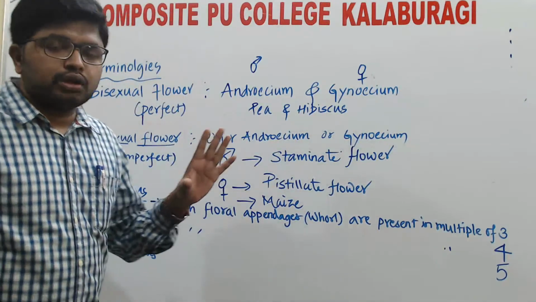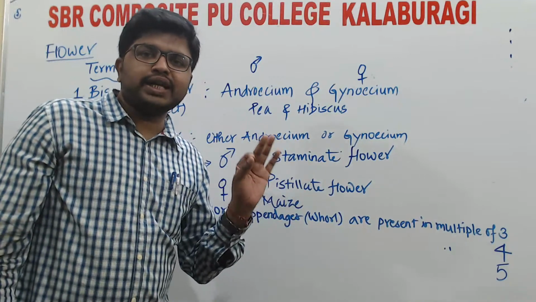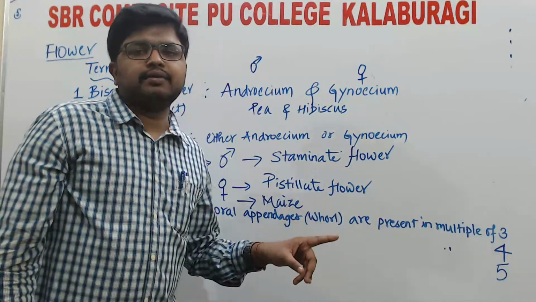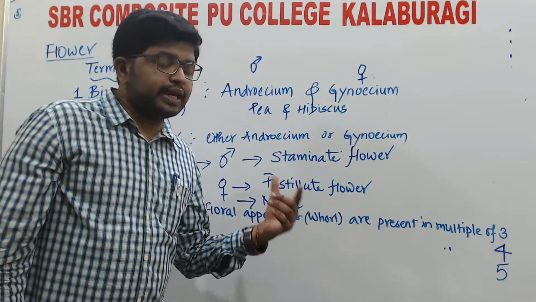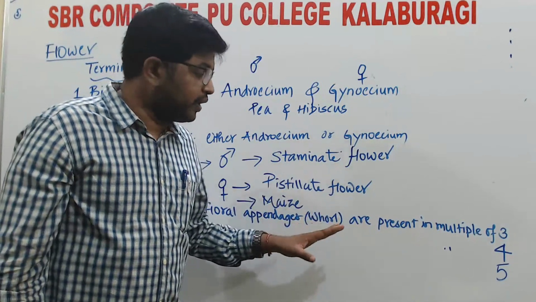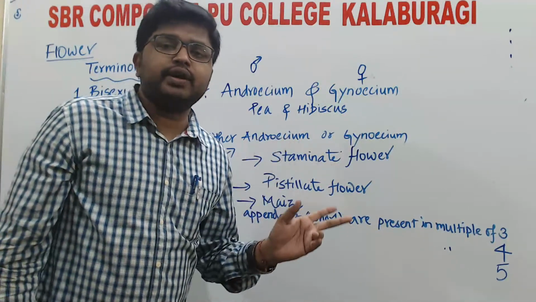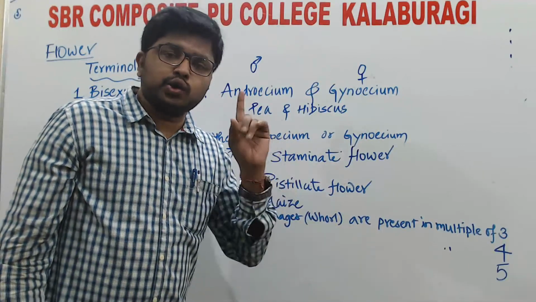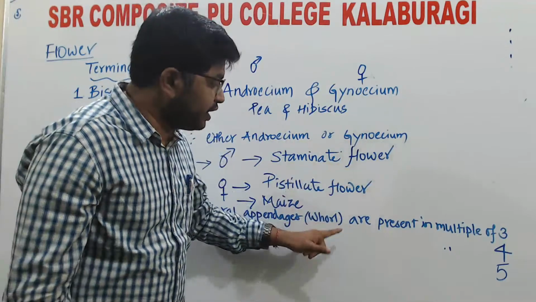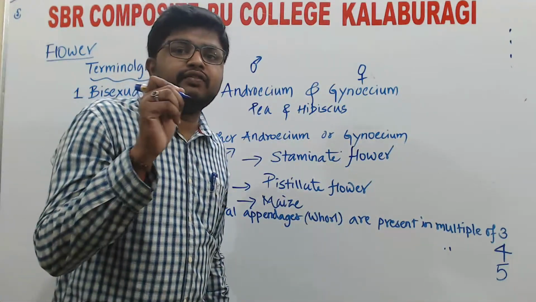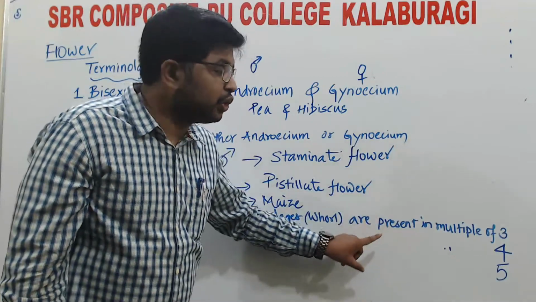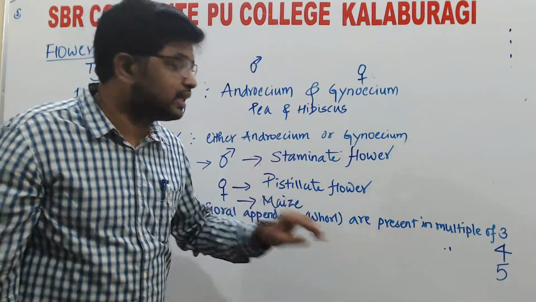And then, as you know, in division angiosperms, there are 2 classes. One is monocotyledons and the other one is dicotyledons. When a seed has a single cotyledon, we say monocotyledon. When a seed has 2 cotyledons, we say dicotyledon. Now, here there is a characteristic feature. In monocotyledonous plants, you will see the flowers are always trimerous.